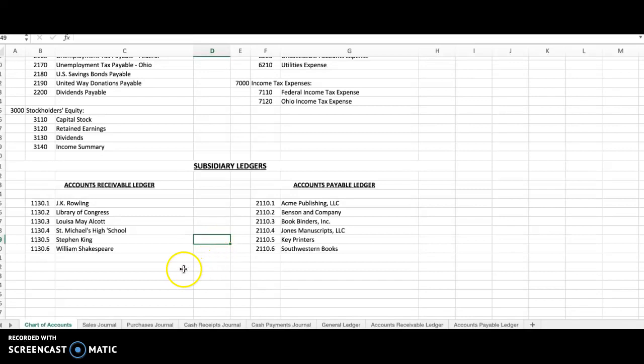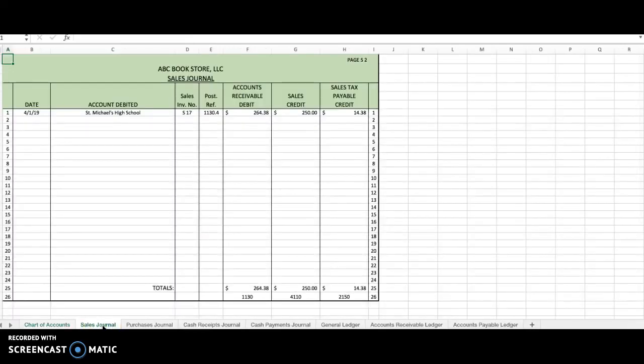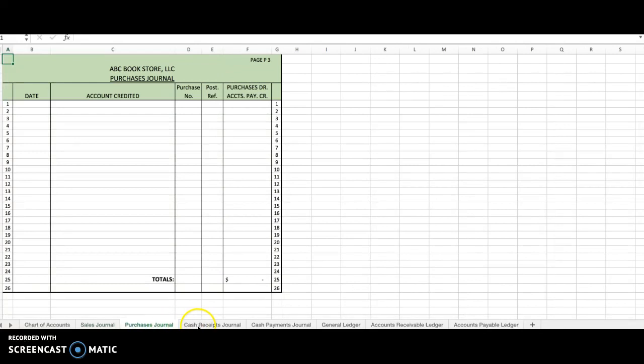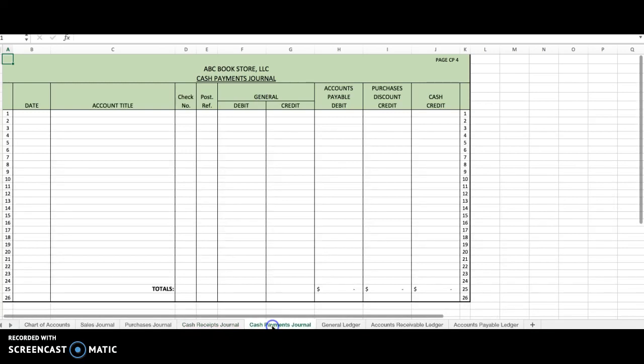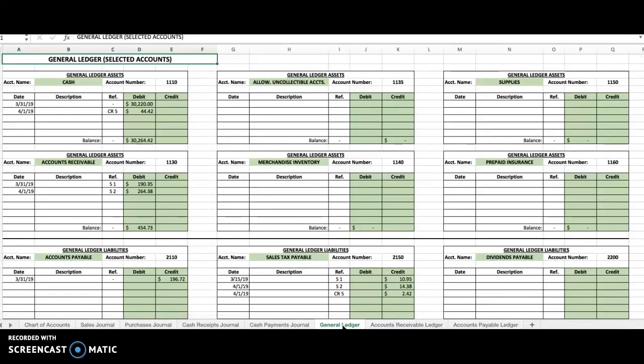So let's take a look at the bottom of the screen. And again, we have tabs that show various journals. We have a sales journal, and you see an entry there. We'll come back to that in a moment. We have a purchases journal, a cash receipts journal, and again, one entry there, and a cash payments journal. Nothing there yet. We have a general ledger with a number of accounts. Not all the accounts are there, just the ones that we need at this time.